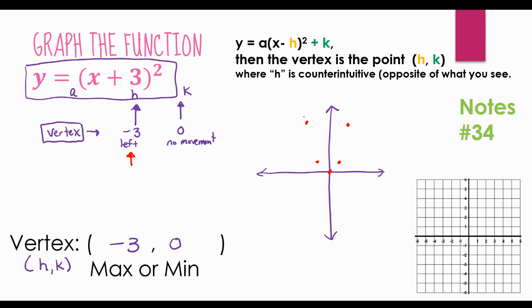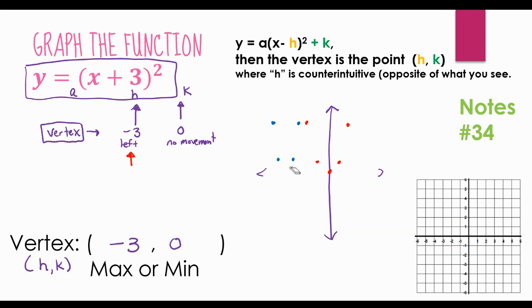I'm going to start with this dot right here, and I'm going to go left 3, then move this dot left 3, and then my vertex, left 3, and then I'm going to do the other ones and just make them symmetric across. So I shifted each dot left 3.